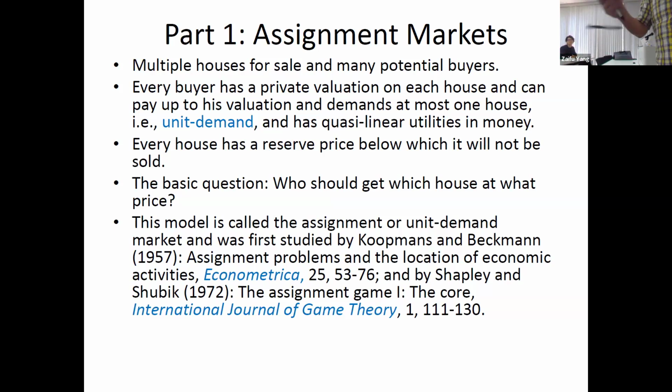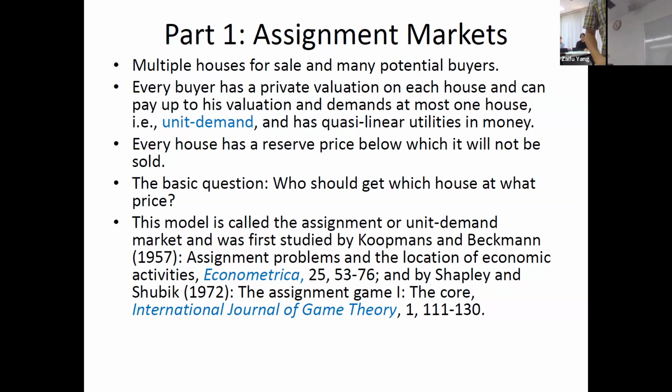So this means that if you value this house at, say, 10 million, then you should be able to pay 10 million. That's the assumption typically in the standard auction literature. So in the literature we say you can pay up to your valuation.